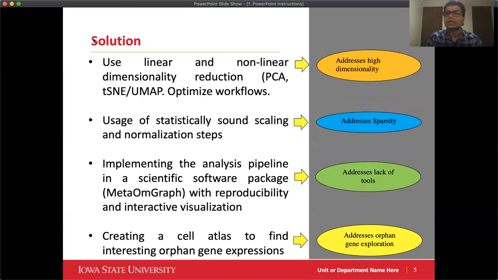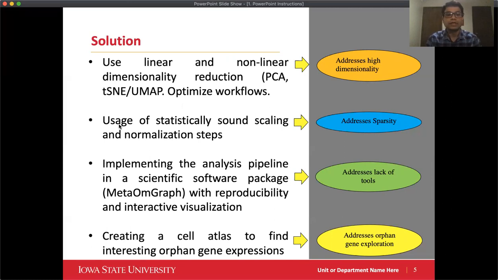And the solutions we are working on, the first thing is using linear and nonlinear dimensionality reduction techniques such as PCA, t-SNE, and UMAP, and to optimize the algorithms and existing workflows. So this will address the high dimensionality problem and high resources problem.